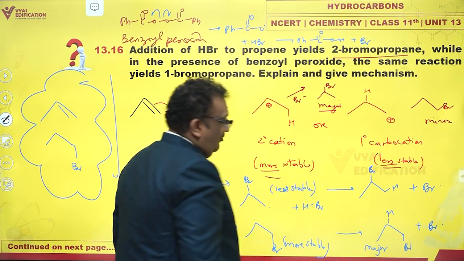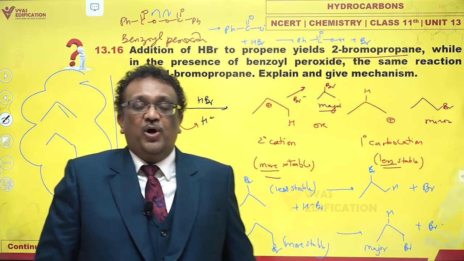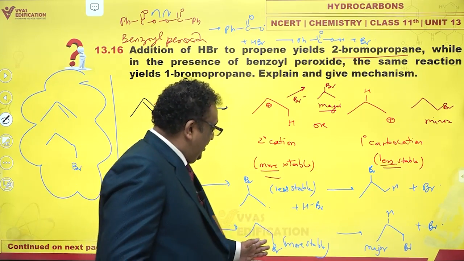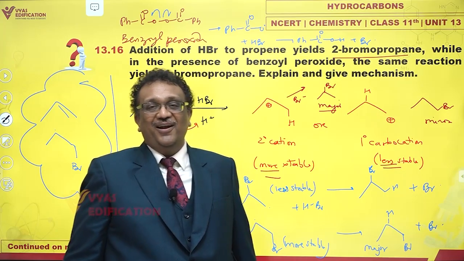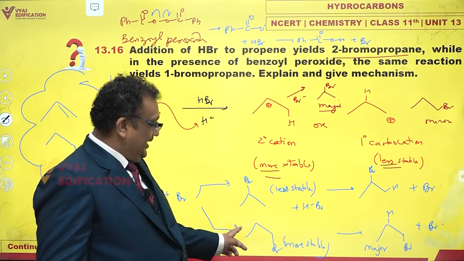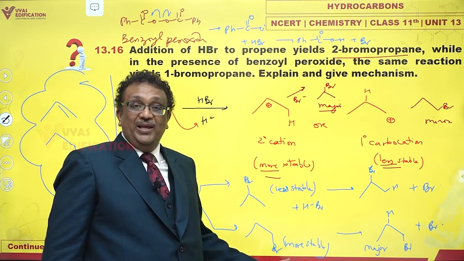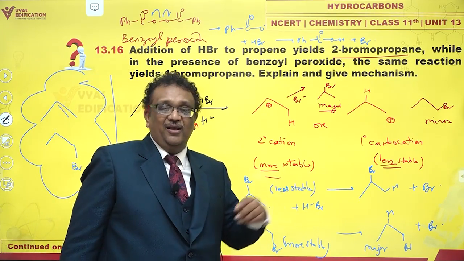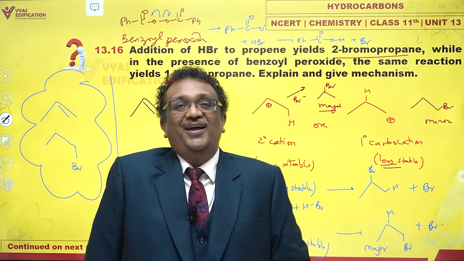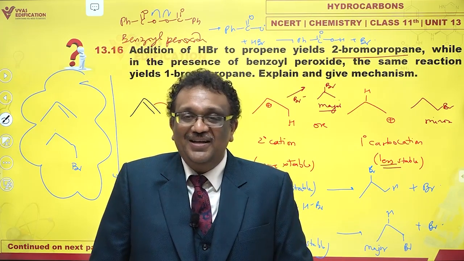Why? 1-bromopropane, the anti-Markovnikov product, is the major product. Because the secondary radical is more stable than the primary radical, and in this case the secondary radical happens to be the intermediate, while in the first case the ugly primary radical was the reaction intermediate, right?